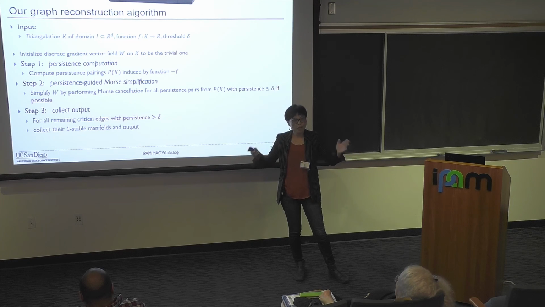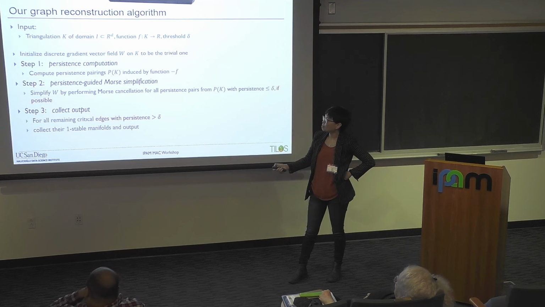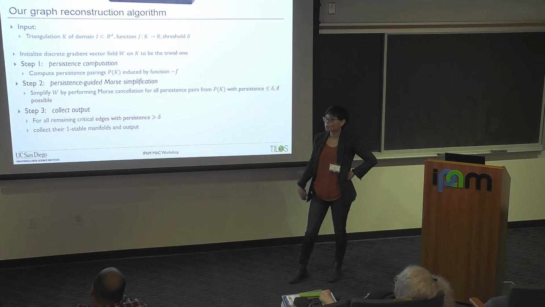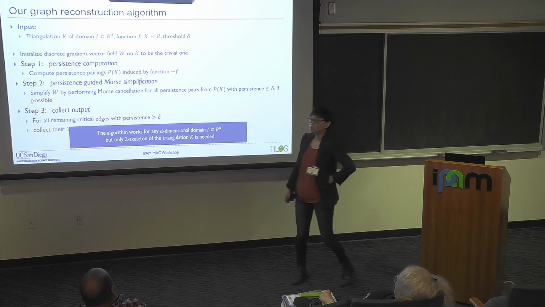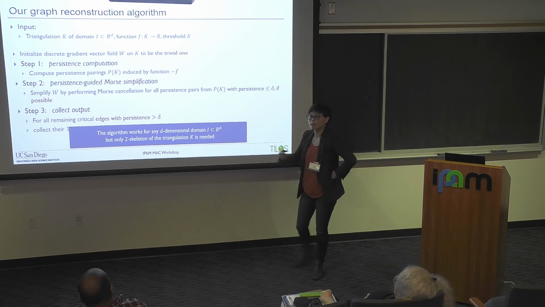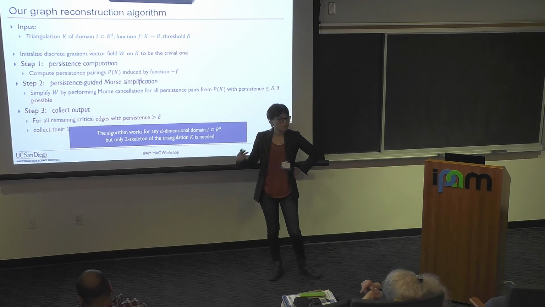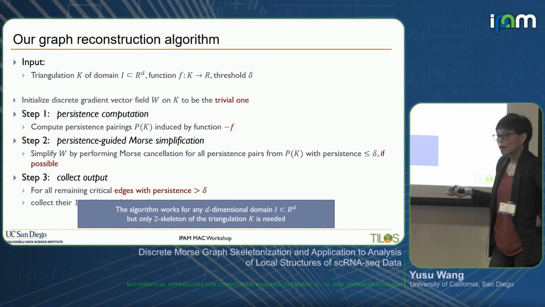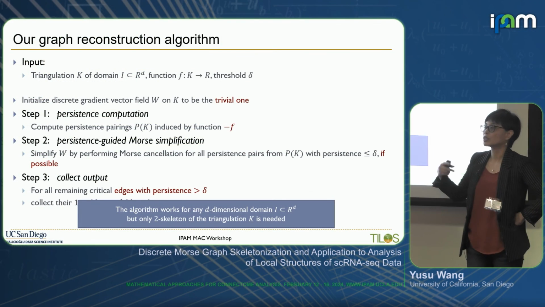Okay, that's it. Afterwards, I pick the remaining critical edges. Remember, critical edges correspond to saddle points. So I pick the remaining critical edges whose persistence is bigger than delta, and I trace out the one-stable manifolds in my domain. You actually only need the two-skeleton of the domain to carry out everything, no matter what the dimension of your domain is, because your final one-stable manifold only needs the vertices and the edges.